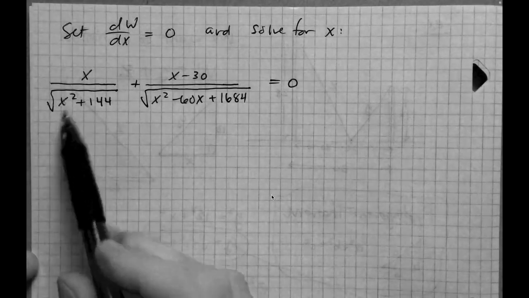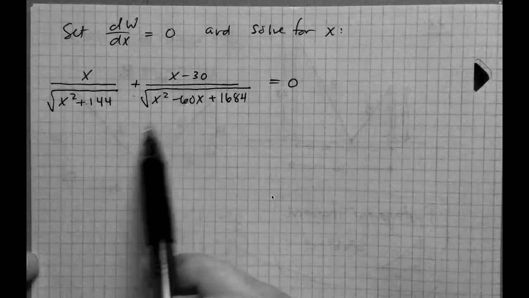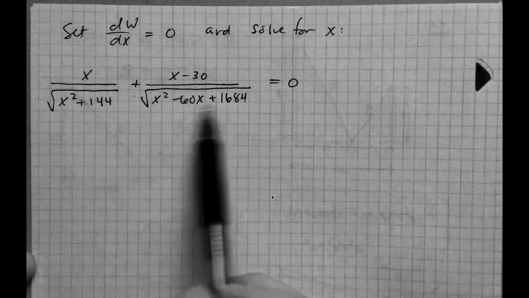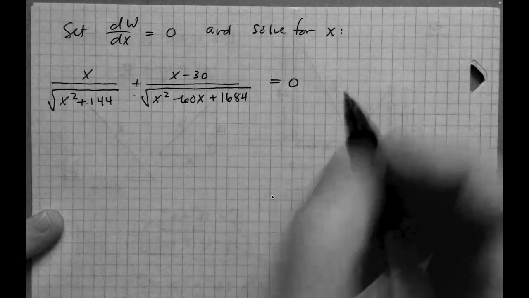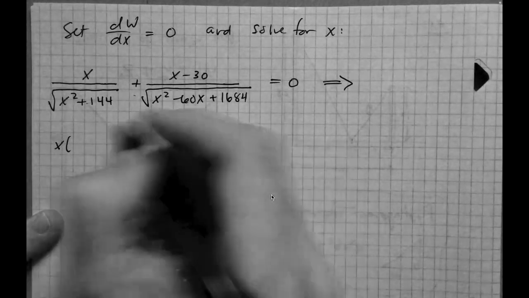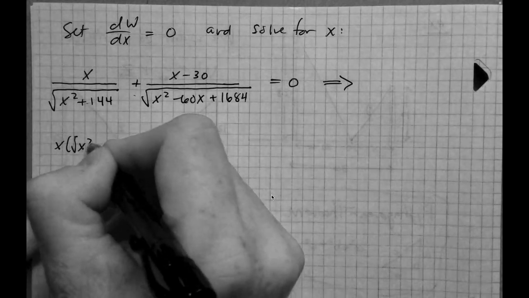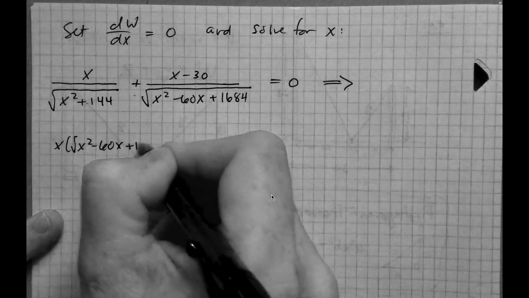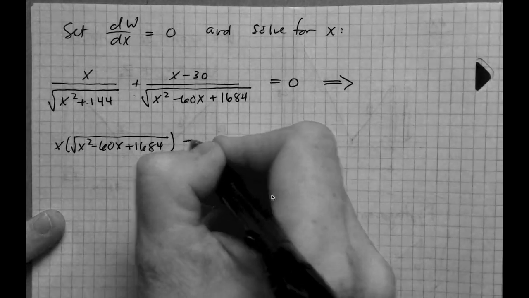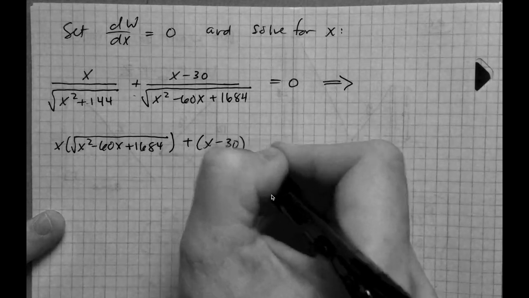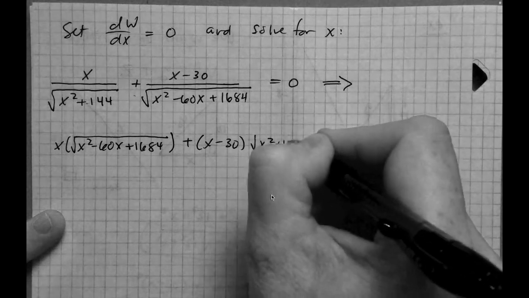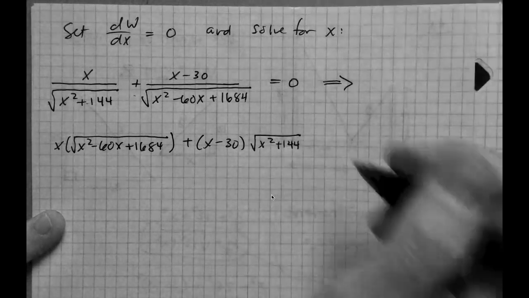So basically, because this is a sum, you can't just multiply both sides by this. You can do that, but first you have to get a common denominator and make this a single term over here. And so that's where it gets a little messy. So basically it's got to be x times this, like so, plus x minus 30 times this, like so.